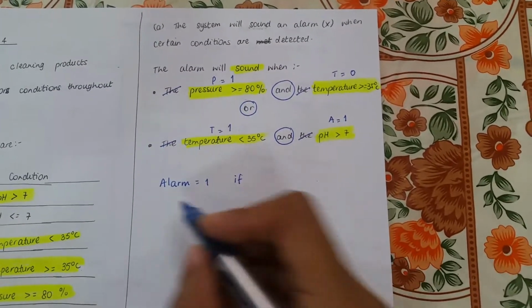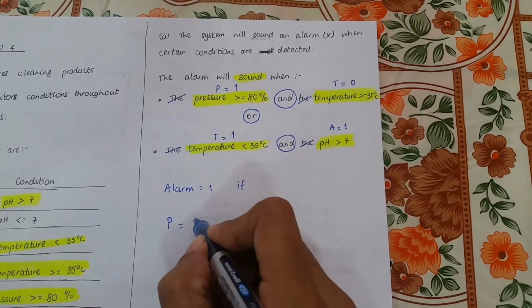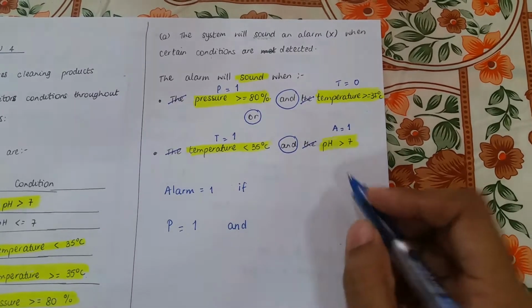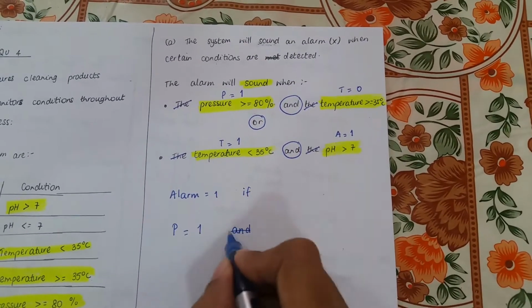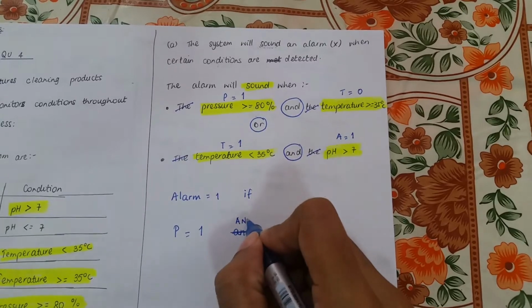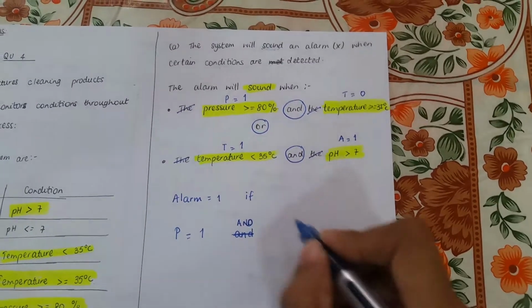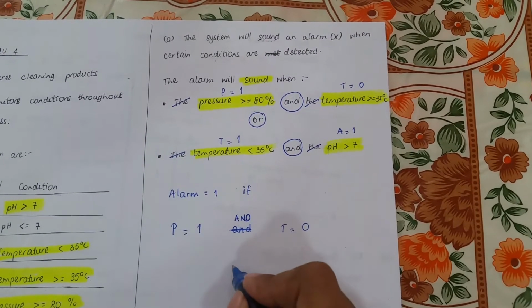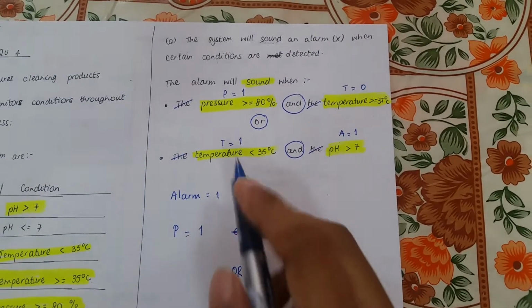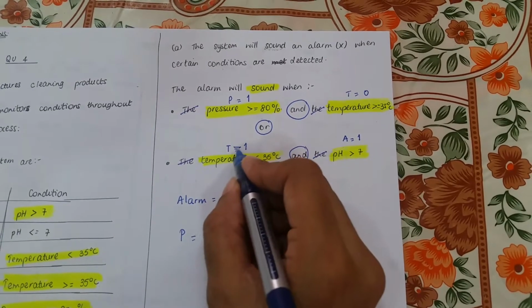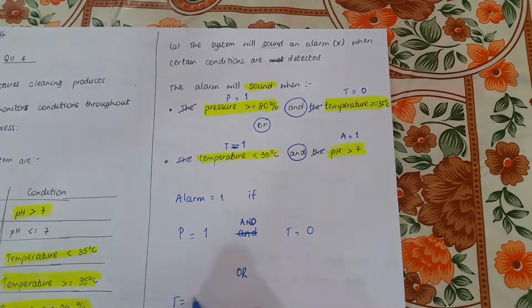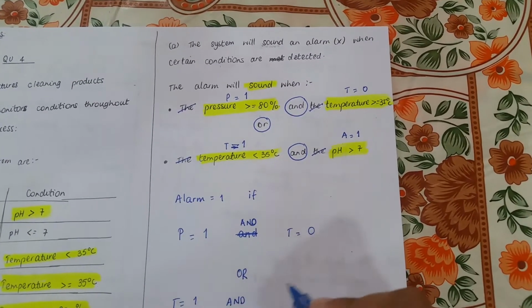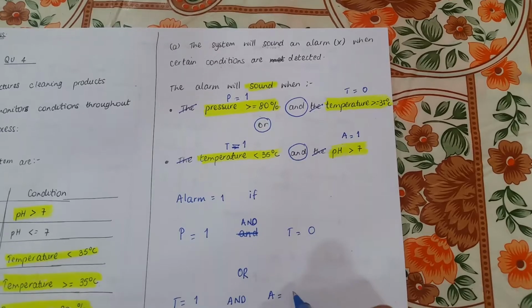So, P is equal to 1 and T is equal to 0. Rather, I will write it in capital letters. T is equal to 0 or T is equal to 1 and A is equal to 1.